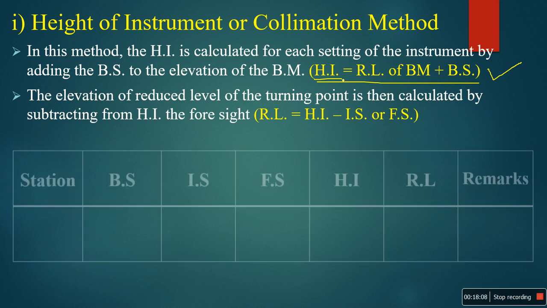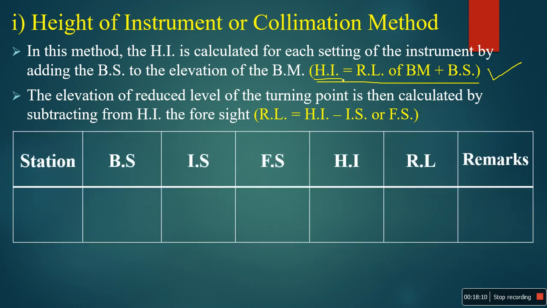So this is our tabular form for the height of instrument method, or HI method. The first column is station, meaning the point where the staff is held. The second column is BS, that is backsight. The third column is intermediate sight, then foresight, height of instrument, RL with respect to stations, and remarks.